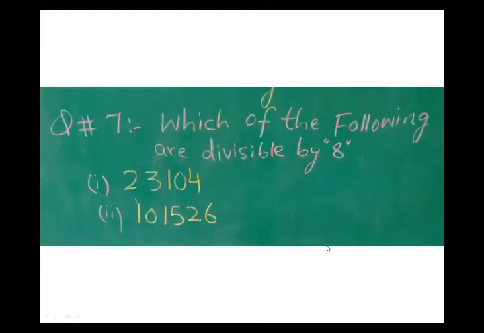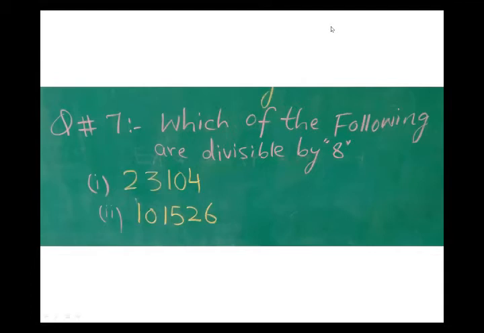Here's a question from your book, exercise 2.2, page number 18. Open your book and see on page number 18, question number 7, in which they ask which of the following numbers are divisible by 8. We find out which number is divisible by 8 or not.